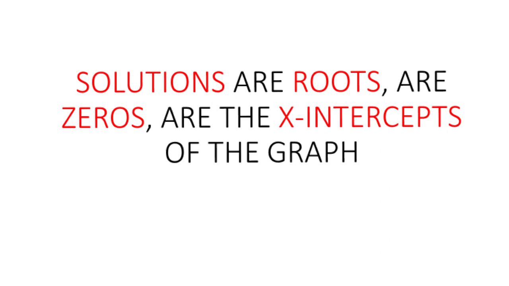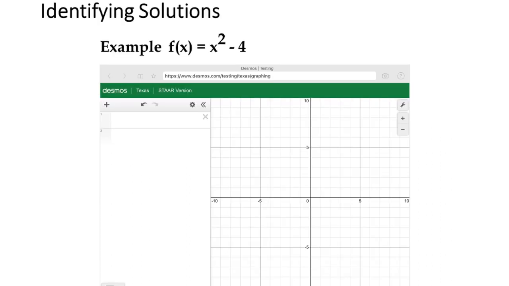You're going to do the same thing each time: type it into Desmos and see where it crosses the x-axis. So solutions or roots or zeros are the x-intercepts of the graph. Very, very important statement to remember.